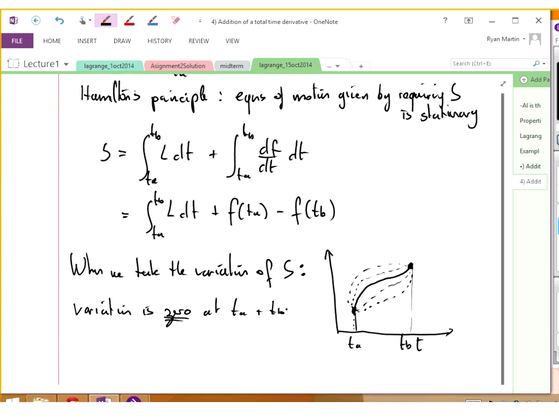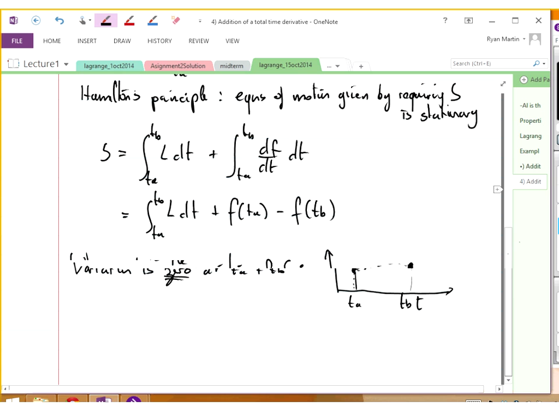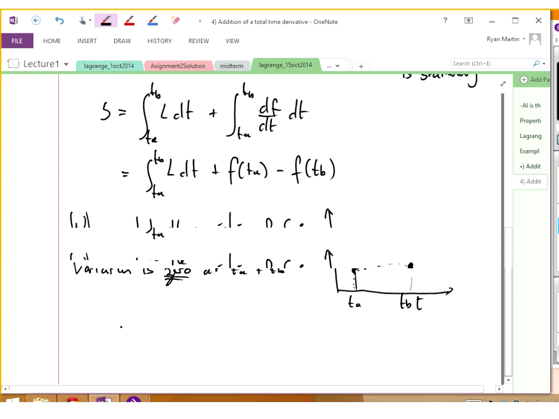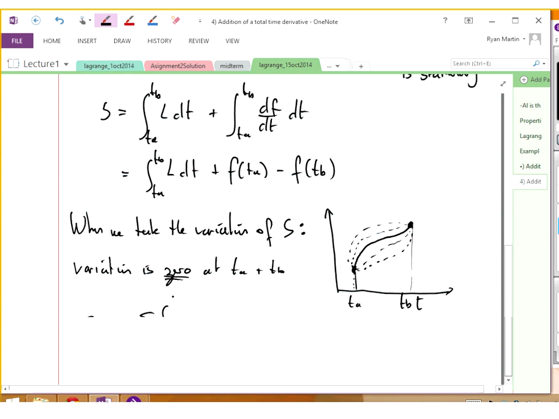That means the terms f(ta) and f(tb) don't vary, and so they don't contribute to the variation of S. And so the variation of S is the variation of the integral from ta to tb of L dt, plus, in principle, the variation of f evaluated at ta and f evaluated at tb.